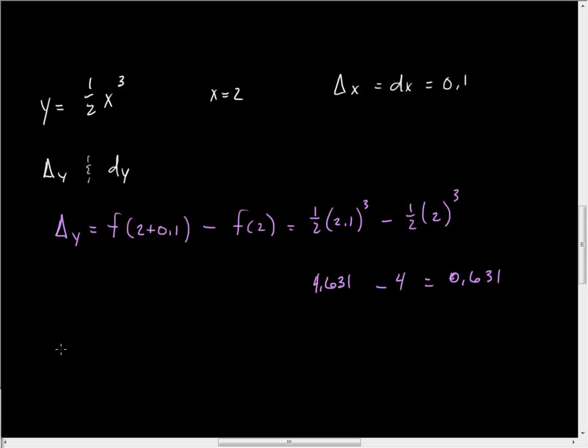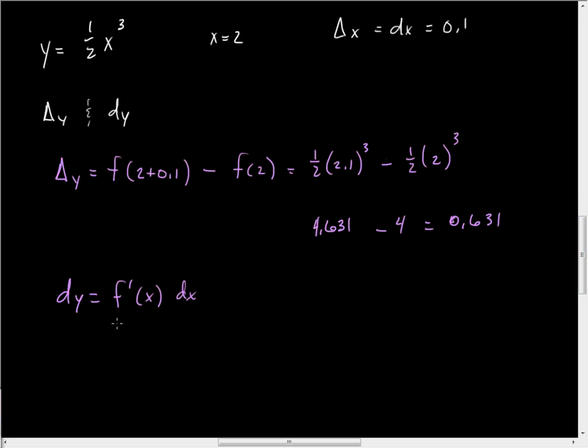Okay, now dy is equal to the derivative at x with respect to x times the differential value. That means that this is equal to, now we have to find the derivative. And so y prime in this case is 3/2 x squared.